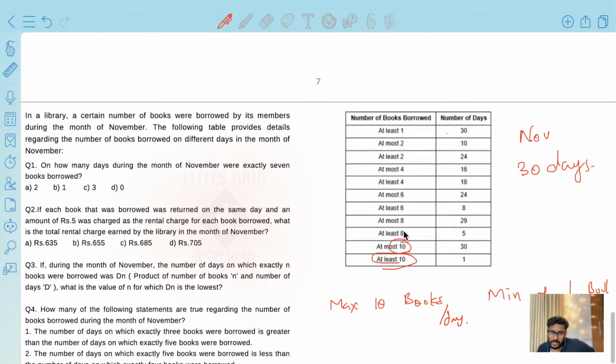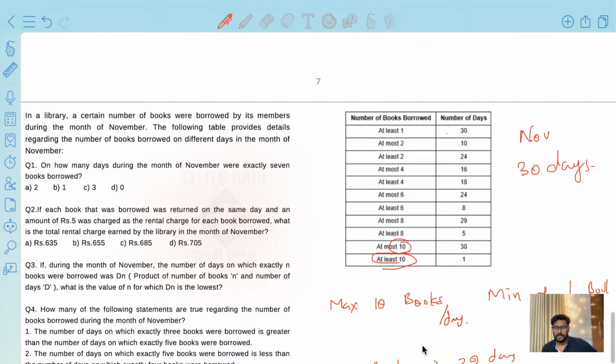At most 8 books, 29 days. What do you mean by that? A maximum of 8 books, 29 days.